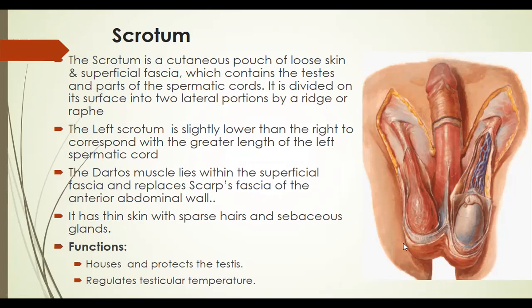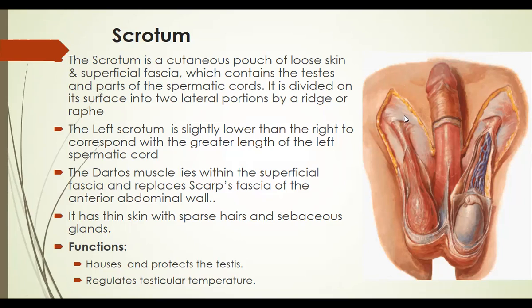Outside will be the skin, and inside will be the superficial fascia containing this dartos muscle. If you can see here, this is the muscle which is called the dartos muscle within the superficial fascia. The dartos muscle lies within the superficial fascia and replaces the Scarpa fascia of the anterior abdominal wall. In the anterior abdominal wall, there is a special fascia called the Scarpa fascia.